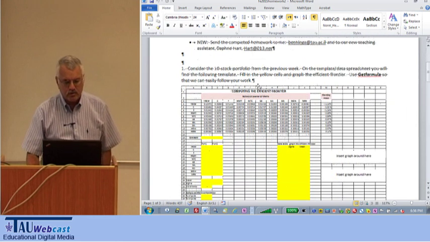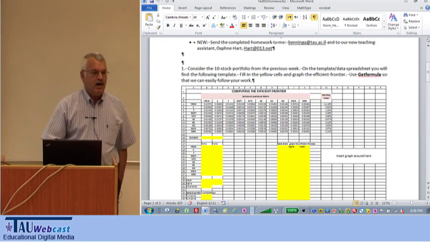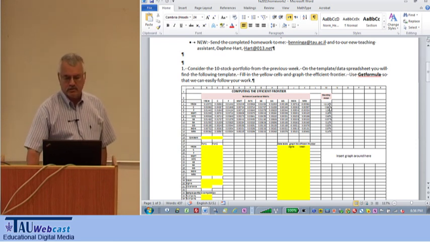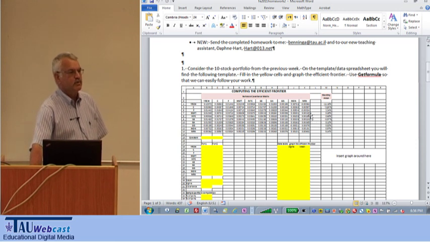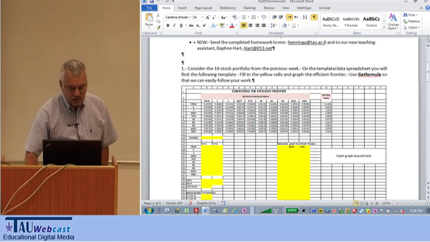So here's the homework, and the first question was, if I take this variance-covariance matrix and these historical returns, can I compute the efficient frontier, and what does it look like?